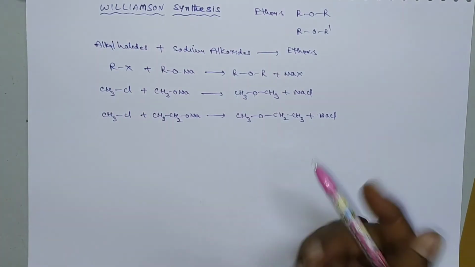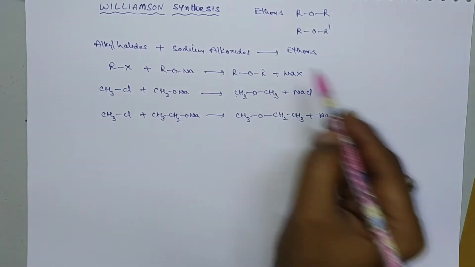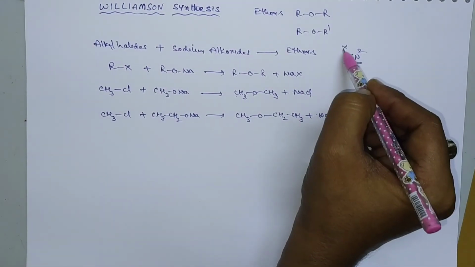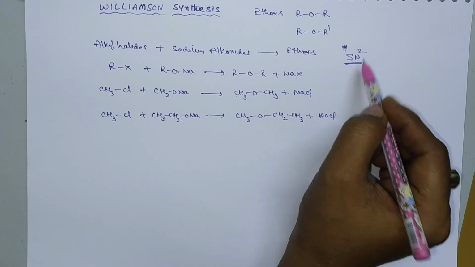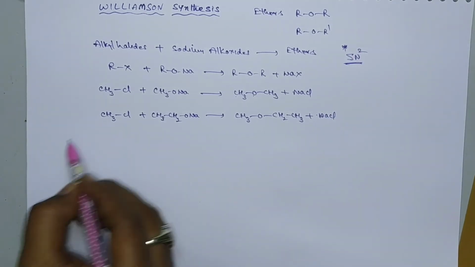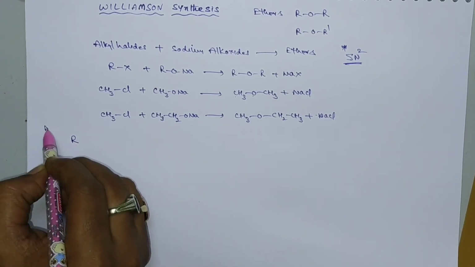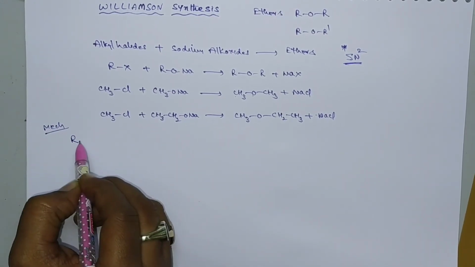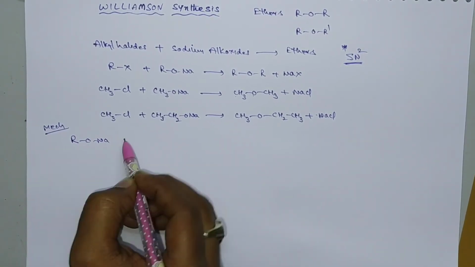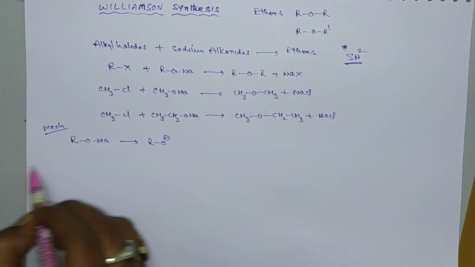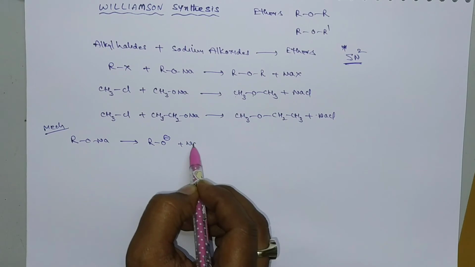The reaction takes place through the SN2 mechanism, remember carefully. Sodium alkoxide produces alkoxide ion and Na plus ion.